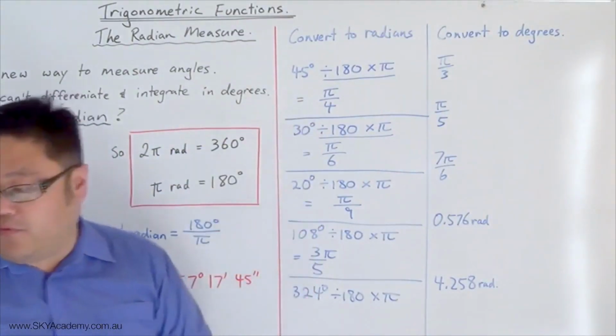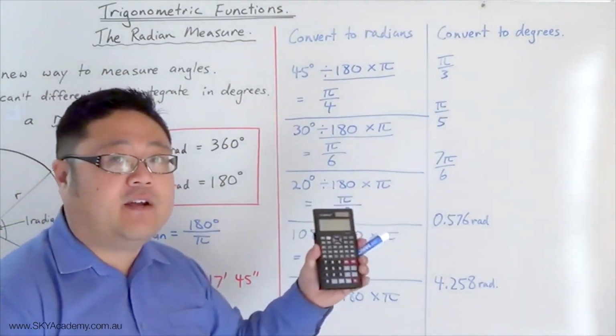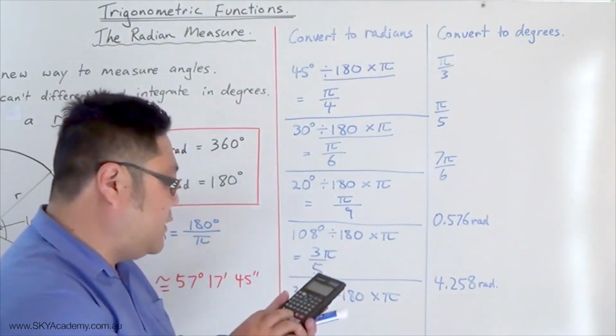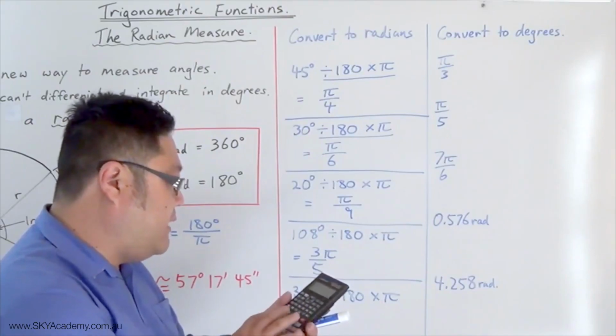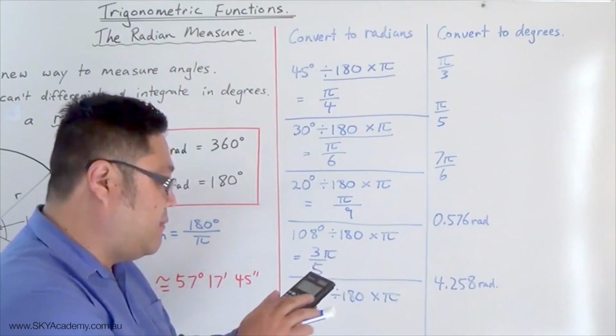So for the last question, I'm going to work it out on the calculator. On your calculator, you go 324 divide by 180 times by pi.